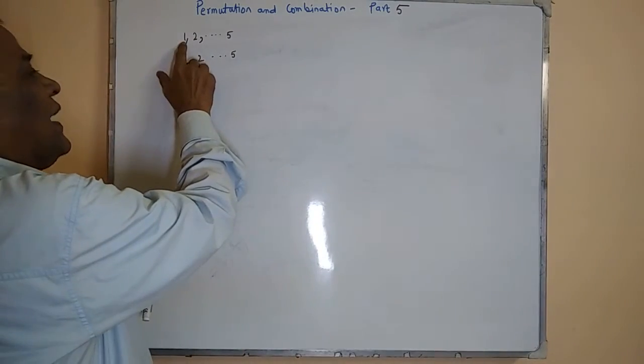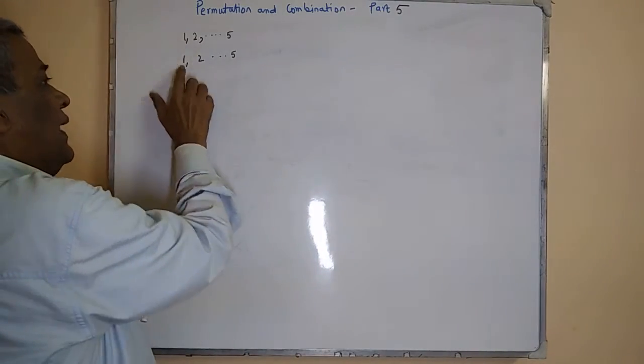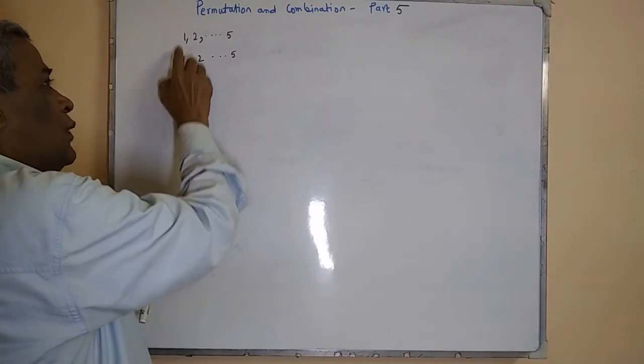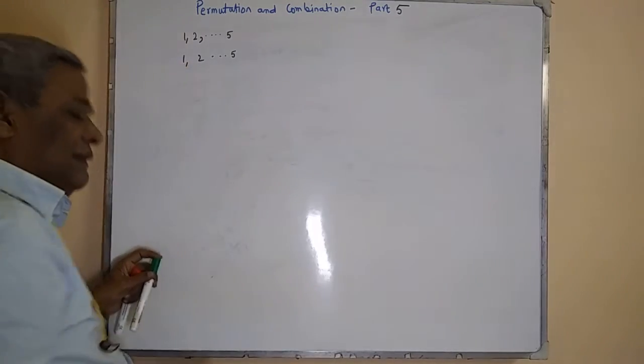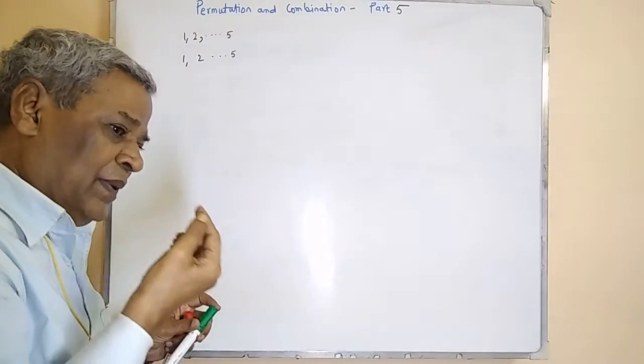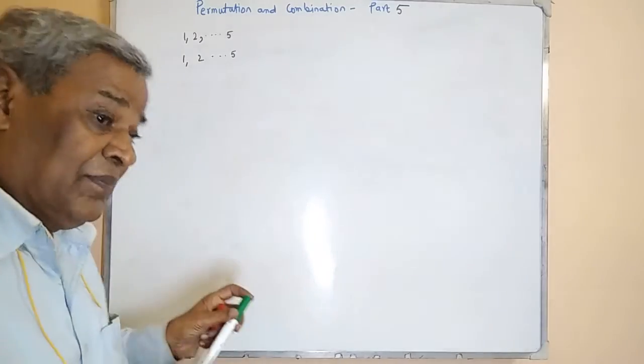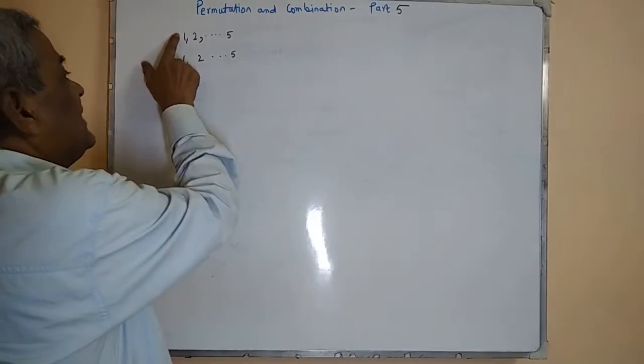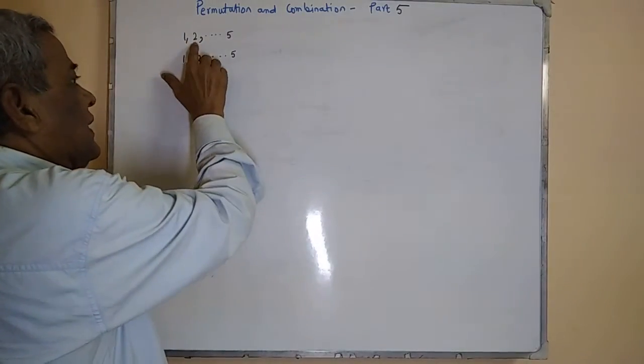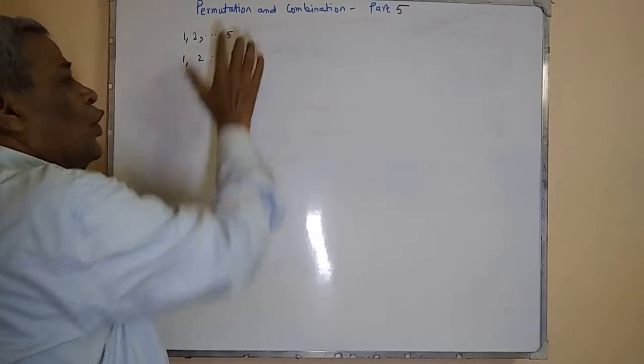Consider card number 1 and envelope number 1. If 1 goes to that one, then the number of the letter and the number of the envelope are the same. So we can say that its destination is that. Destination of 2 is 2, and so on.